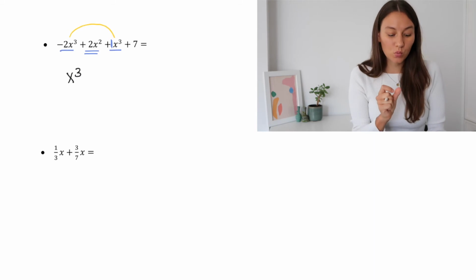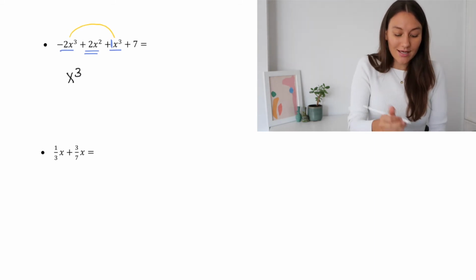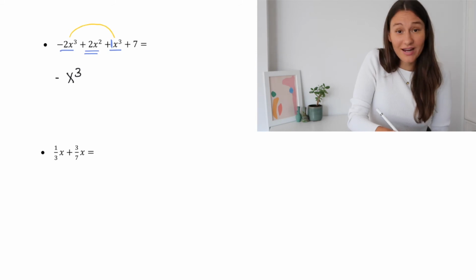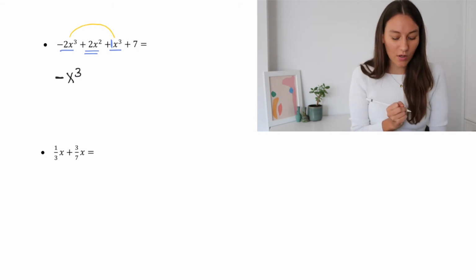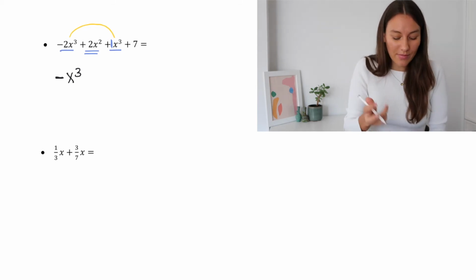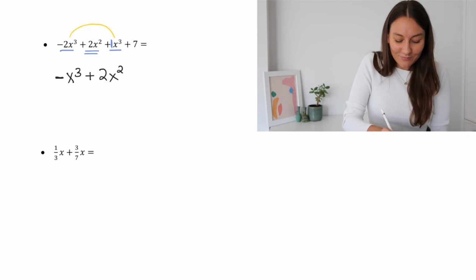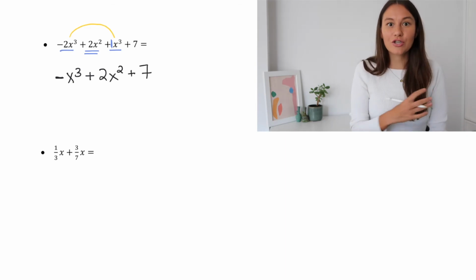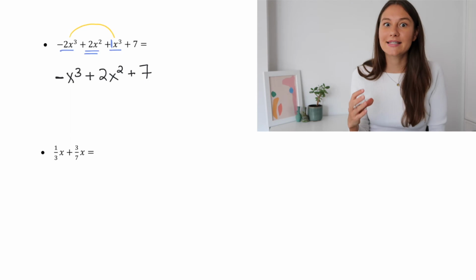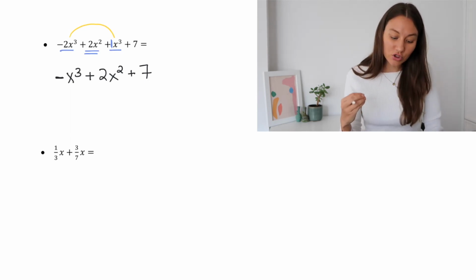Well, negative 2 plus 1 is just a negative 1, right? So I'm going to write negative x cubed. I'm not even going to write that 1 there. And then of course I have the 2x squared, but I have nothing else to combine it with. So I'm just going to write 2x squared, and then the 7 all by itself, plus 7. So my new expression, once it's all combined, I get minus x cubed plus 2x squared plus 7.